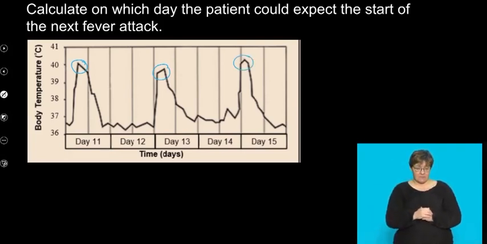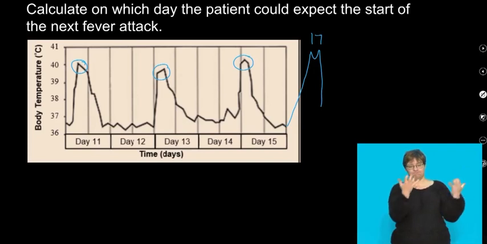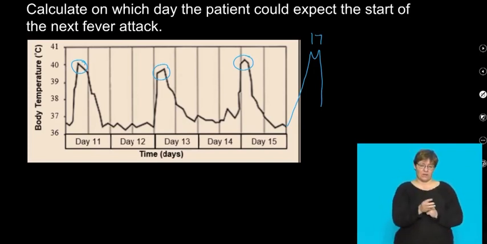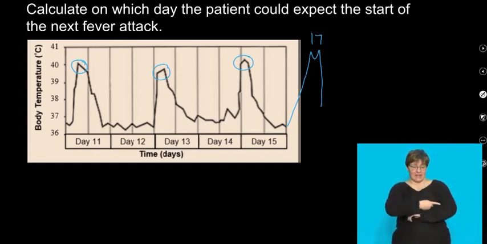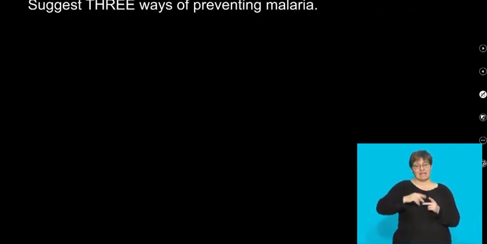So if you look at the pattern, we have a fever every second day. So we've got 11, 13, 15, which means that the next fever attack is probably going to occur on the 17th day. So calculate on which day it's going to be: the 17th day. As you can see, the fever spiked every second day. Nice and easy, reading from the graph.